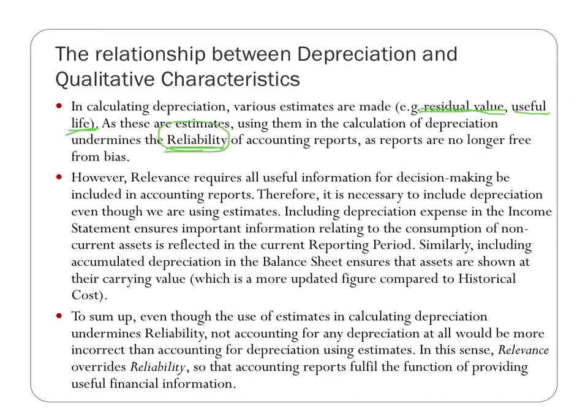So why do we calculate depreciation even though it violates reliability? However, relevance requires that all useful information for decision making be included in accounting reports. Therefore, it's necessary to include depreciation even though we are using estimates.